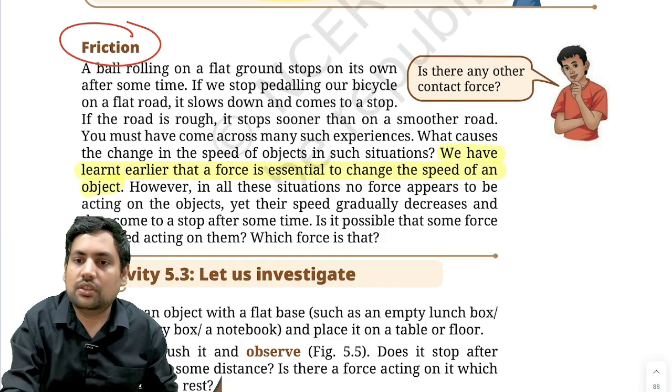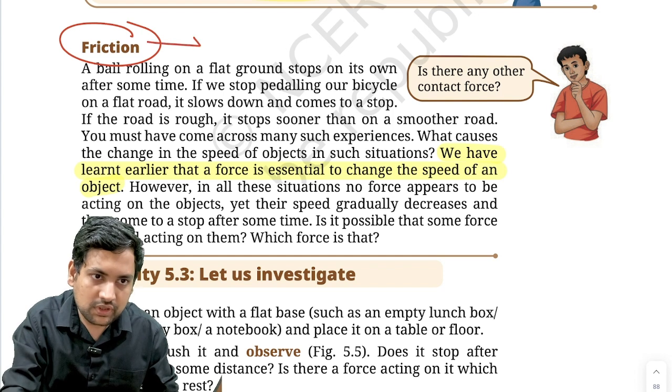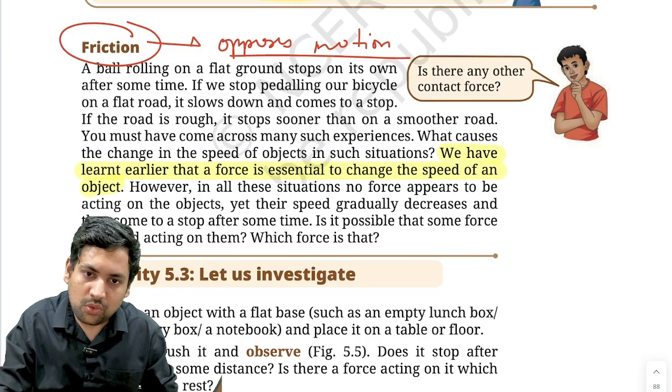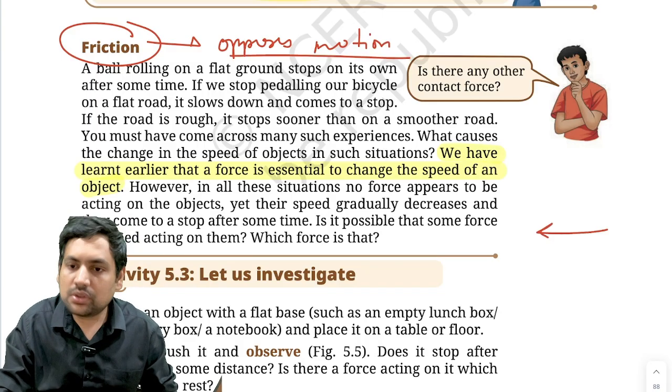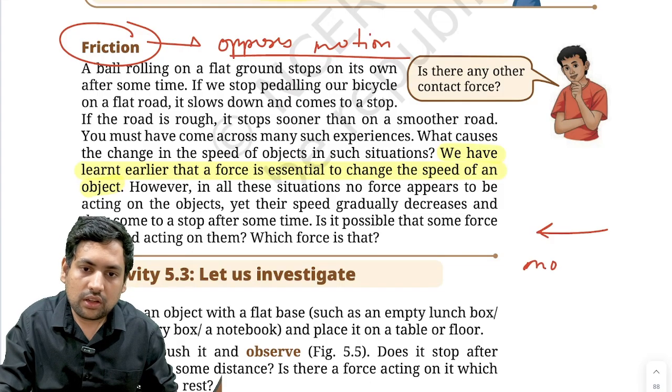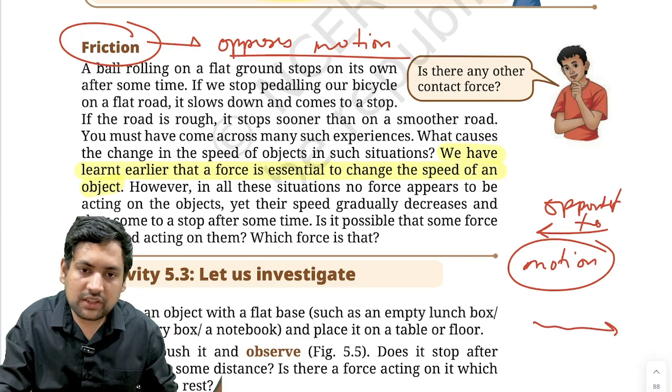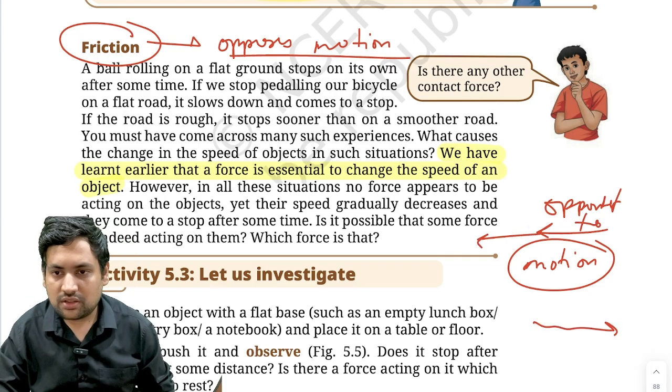It is friction. Friction is a force that opposes relative motion. It acts in the direction opposite to the motion. So if a body is moving like this, the friction will be in the opposite direction.